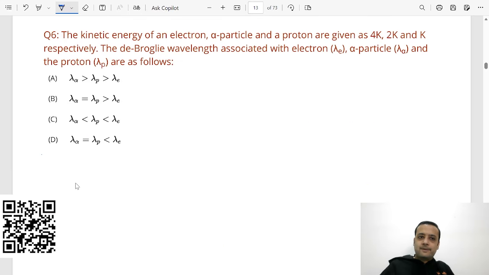So here we have to compare the de Broglie wavelength of alpha particle, electron and proton. The kinetic energy of the electron has been given as 4k, the kinetic energy of the alpha particle is 2k, and the kinetic energy of the proton is k.